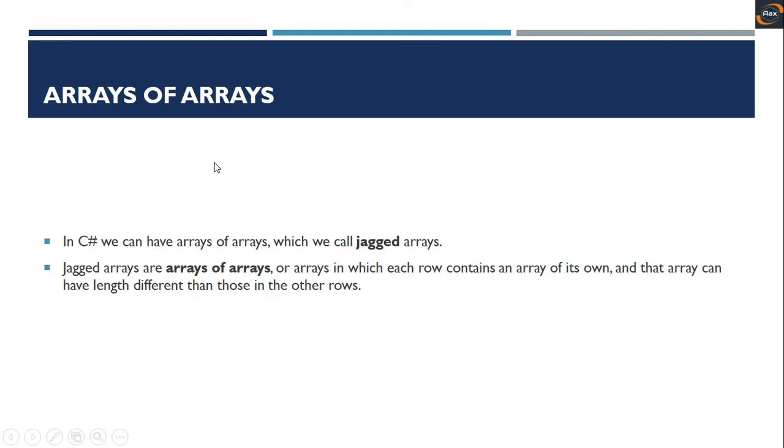Array of arrays. An array of arrays in C# is called a jagged array. Simply, jagged arrays are arrays of arrays, which means arrays in which each row contains an array of its own, and that array can have a length different from those in the other rows.